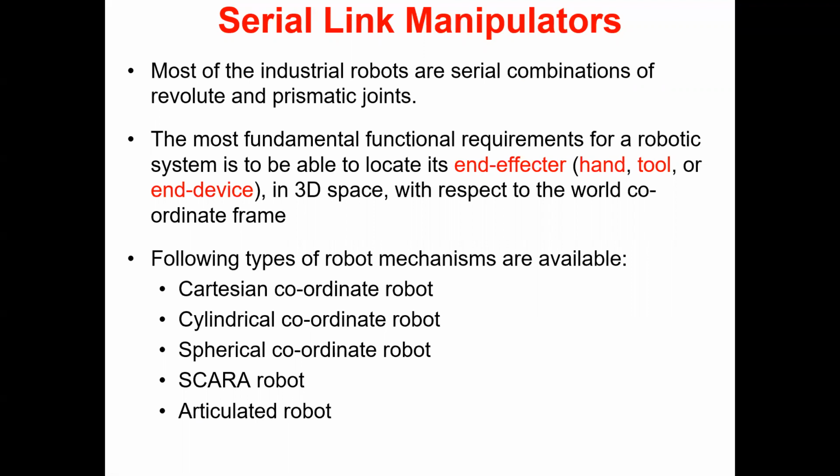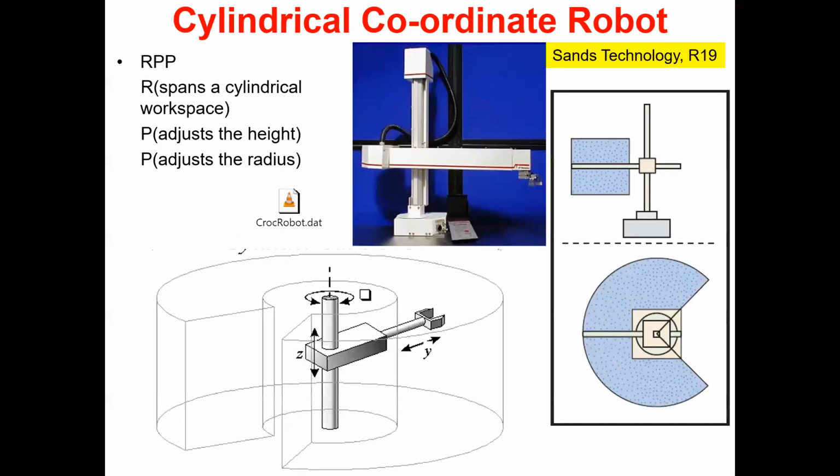So a coordinate system is an entity which provides you some mechanism to locate any point in the workspace using a number of coordinates. If I show you a cylindrical coordinate robot, it is this one.